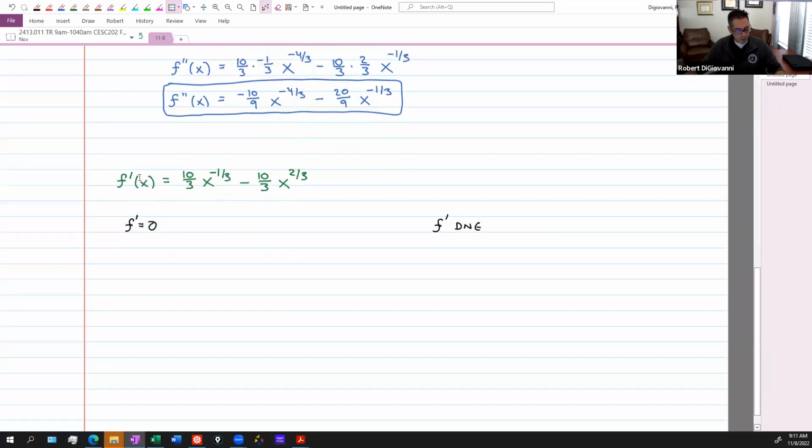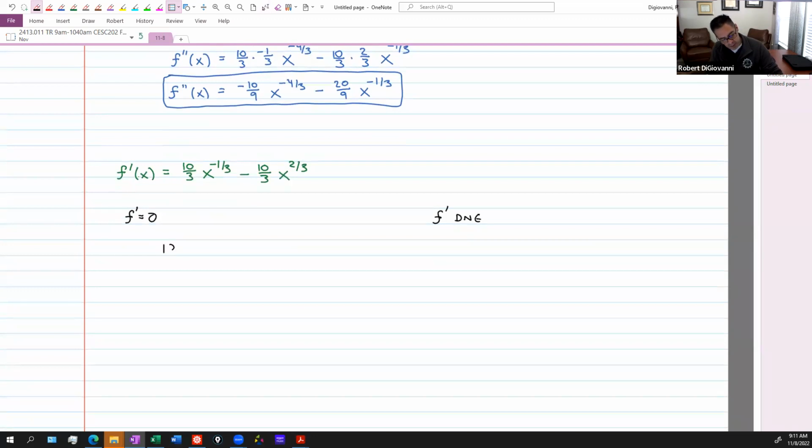All right, so to figure out where the derivative is 0, I need to set it equal to 0. And this is where things are going to start getting messy. That does not look like an equation that you would look at and just be like, oh yeah, I don't mind solving that, right? I mean, that's somewhat nasty looking, right?